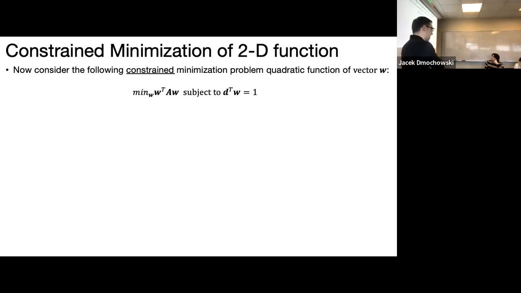But in most problems, you have some constraints on the solutions that you can pick. For example, in machine learning, anytime you apply a regularizer, you add a constraint. This is a really nice example to work with when explaining constrained minimization. I have a quadratic subject to a linear constraint.